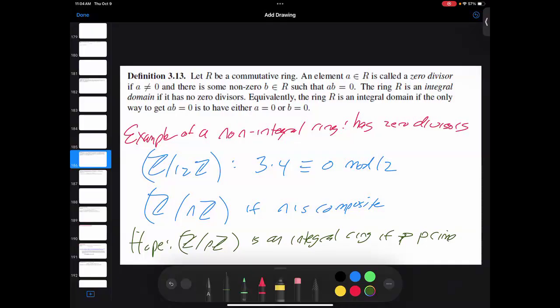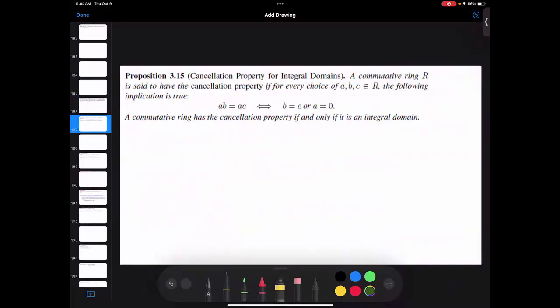So we know if N is composite, if N is 3 times 4, if N is 8 times 17, those give me obvious candidates that are going to fail. So the hope is as long as we don't have that, we will have an integral ring. Okay, that would be a great exercise. Can you prove that? All right.